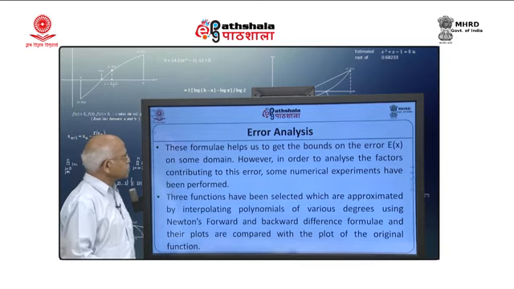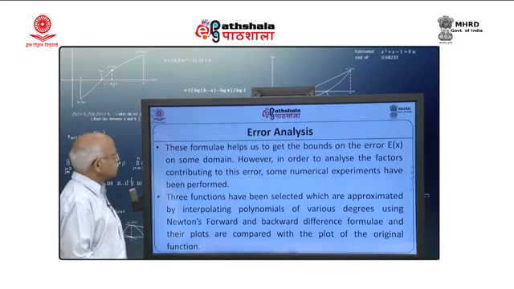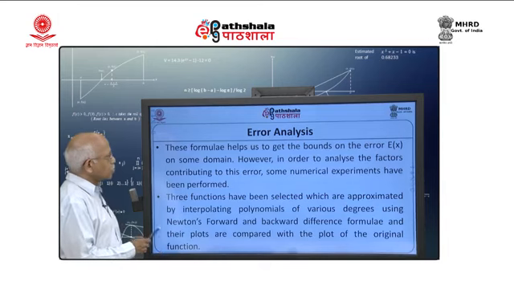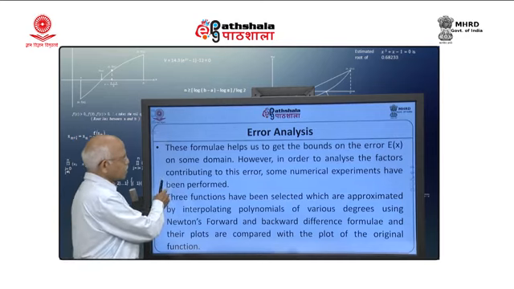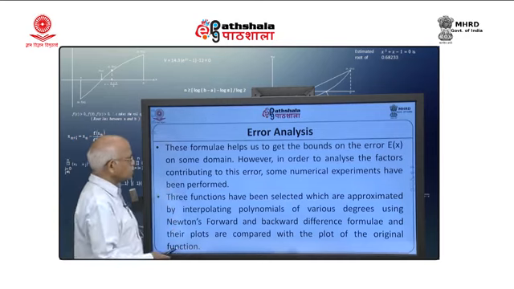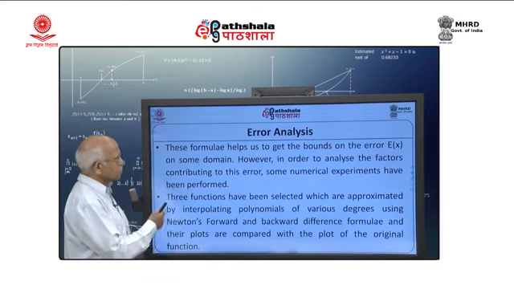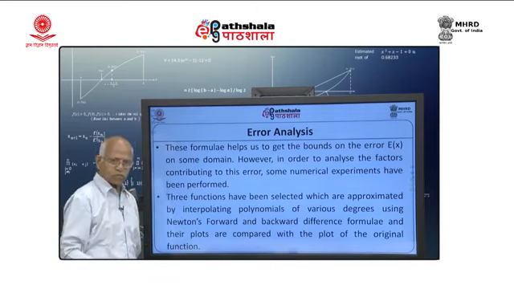This formula helps us to get the bounds on the error E(x) on some domain. However, in order to analyze the factors contributing to this error, some numerical experiments will have to be performed.